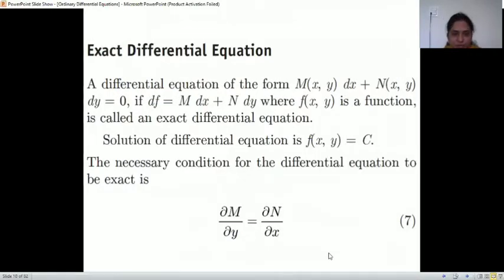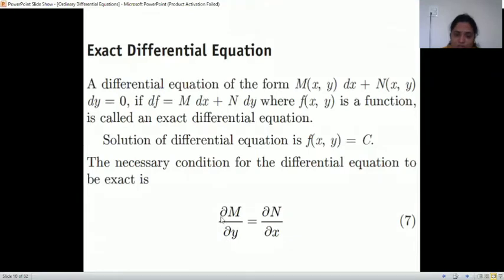Next is exact differential equation. What is exact then? If we have an equation of the form mdx plus ndy, where m and n are any two functions of x and y, right? And if df is mdx plus ndy, where f is a function, it is called exact. This equation mdx plus ndy is equal to 0 is called an exact differential equation if and only if it satisfies this condition.